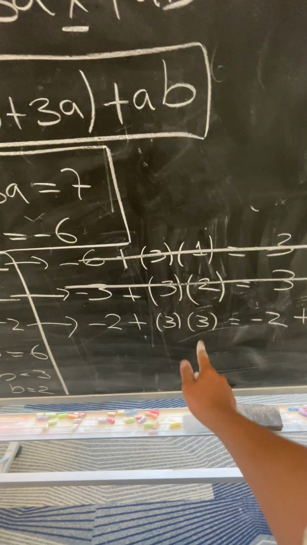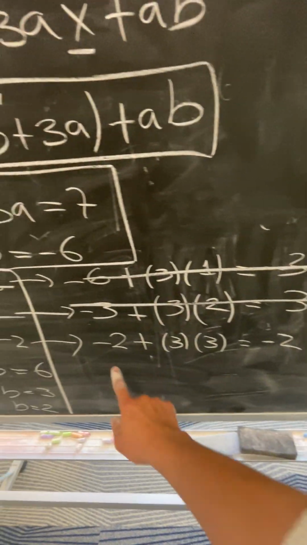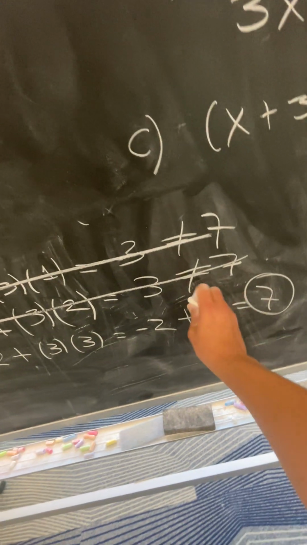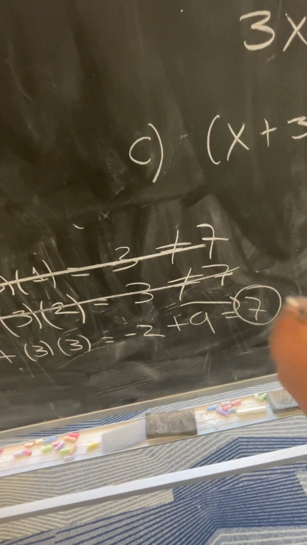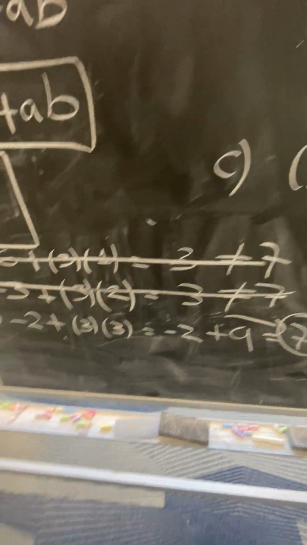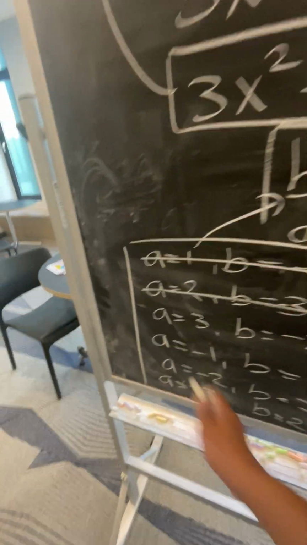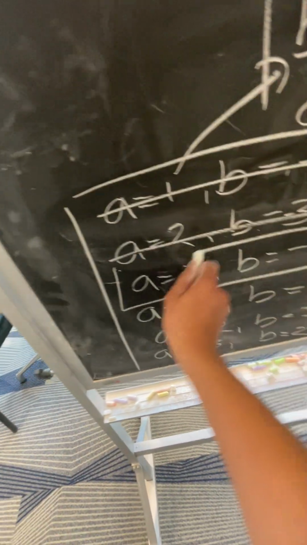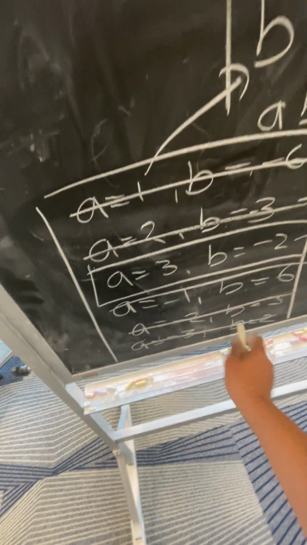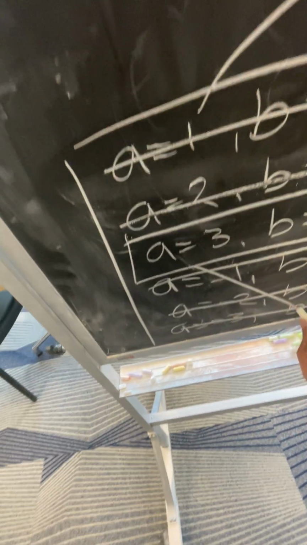So 3 times 3 equals 9, and we have the negative 2. So negative 2 plus 9 equals 7. Yay! That gives us the correct answer, and we can stop trying the other ones. Perhaps these work, but we don't need to worry about that.